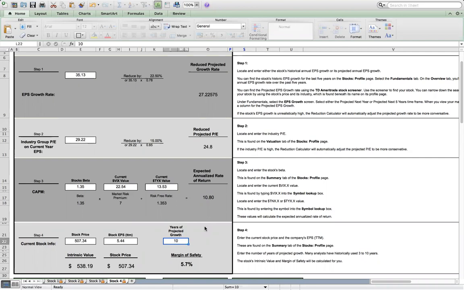So in my eyes, me personally, I would stay away from this. It's just too close to a 10-year projected price on the stock. A 5% margin of safety doesn't sit right with me.